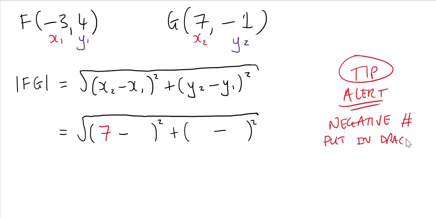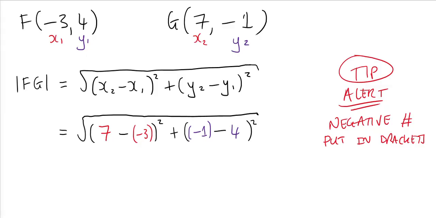If you don't do that, it will seriously affect your answer. So we've got a negative number here for x1, which is minus 3, and the simple tip, put in brackets. Okay, we're on to the y2s. y2 is minus 1, again, negative number, put in brackets. And y1 is 4. We slot that in there.